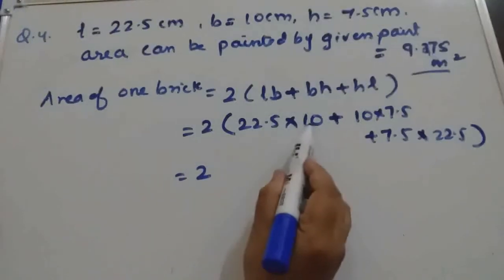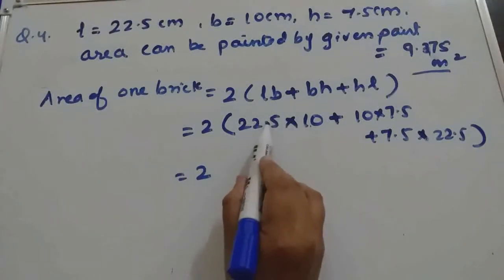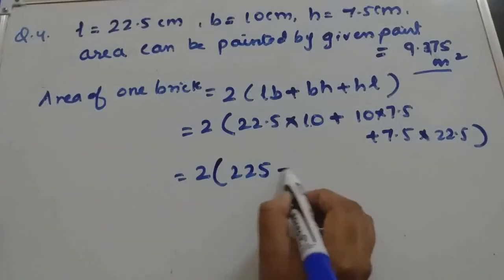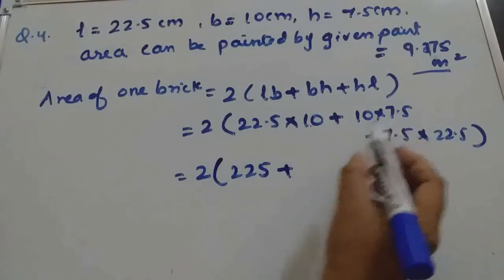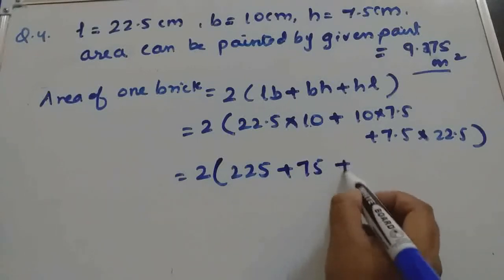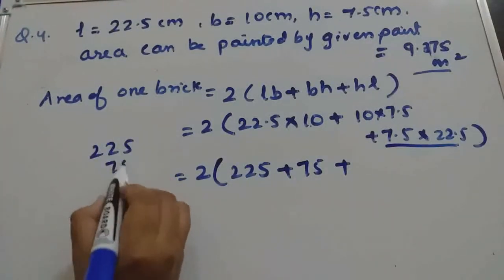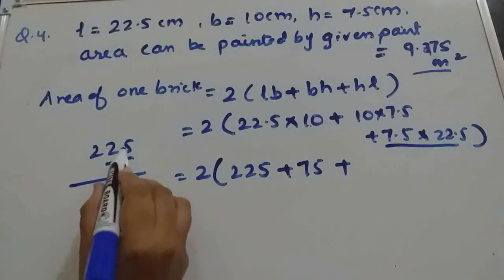See, when you multiply 10 with 22.5, this decimal will go, so the answer will be 225. Here also the same thing will happen, 75 you will get. Now this you should multiply here. So first we can avoid the decimal.